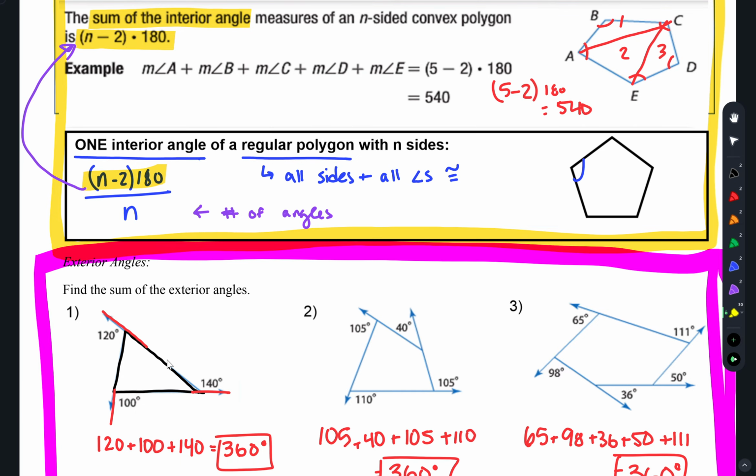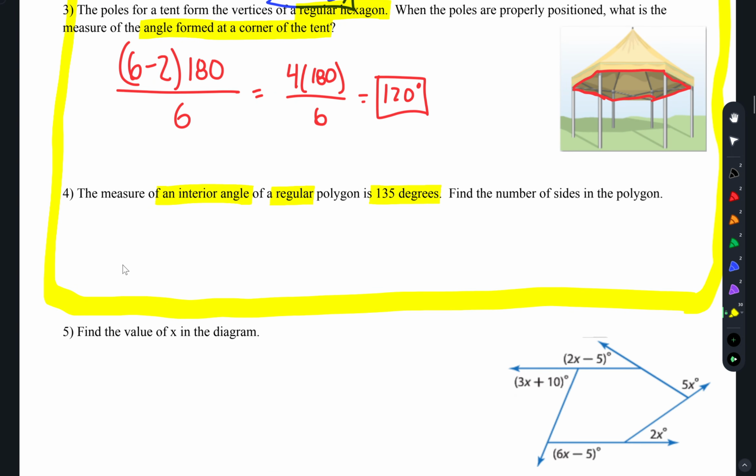That's the same thing I'm doing here, except I don't know n, so I'm just going to leave it as n. I do know that this, whatever n is, must equal 135 degrees. I didn't change my formula. I just changed where I plug stuff in.